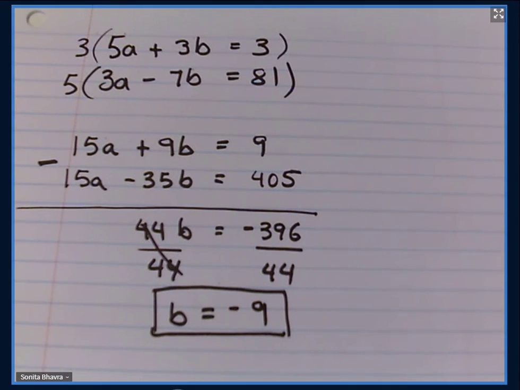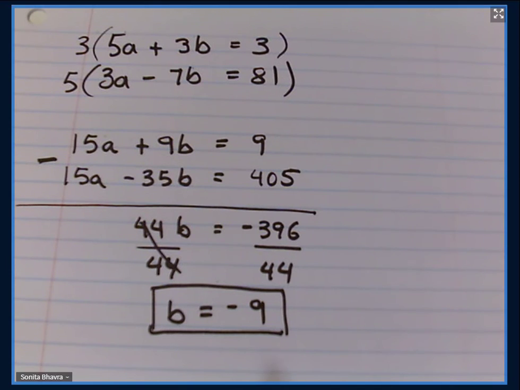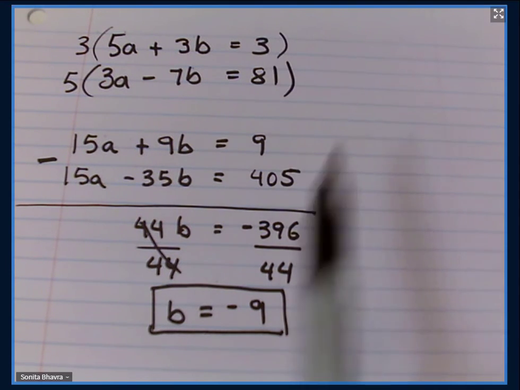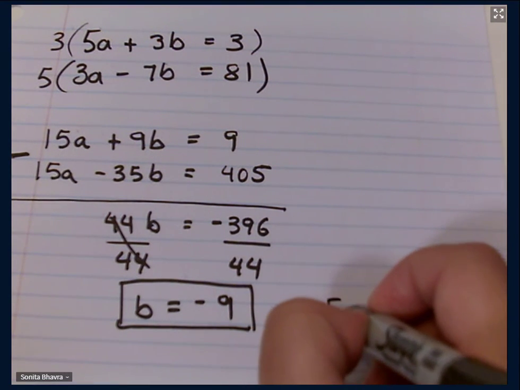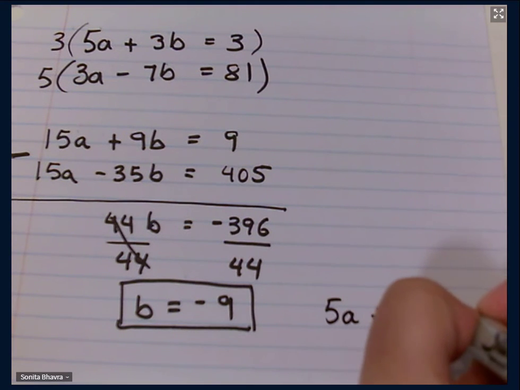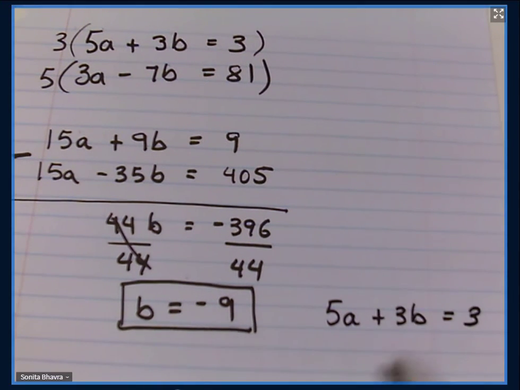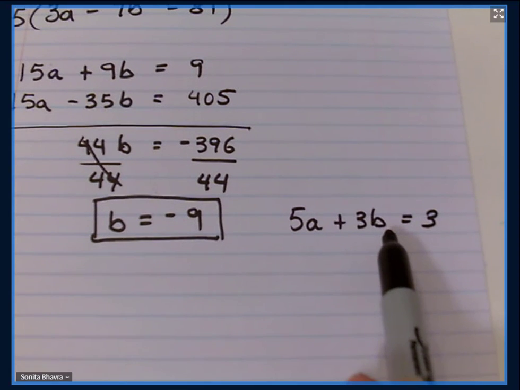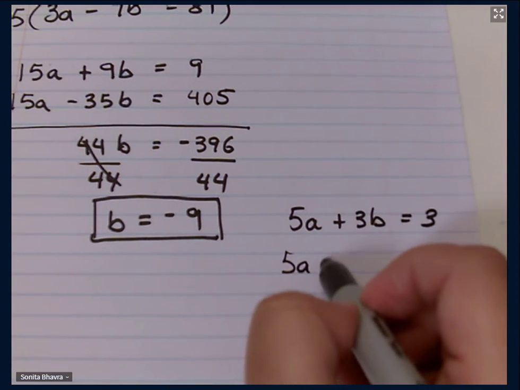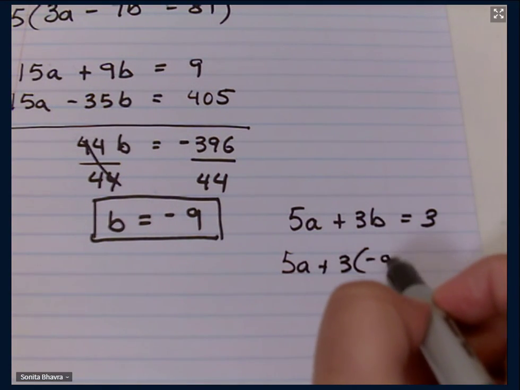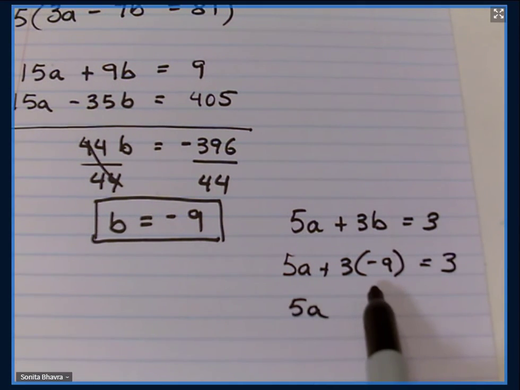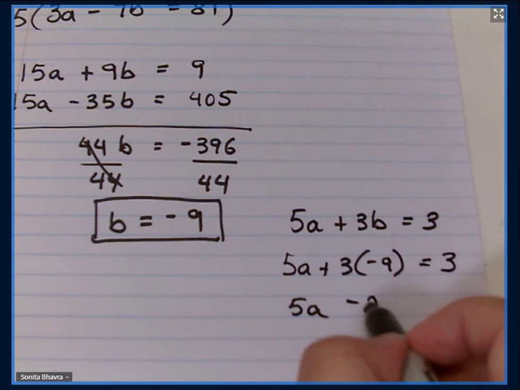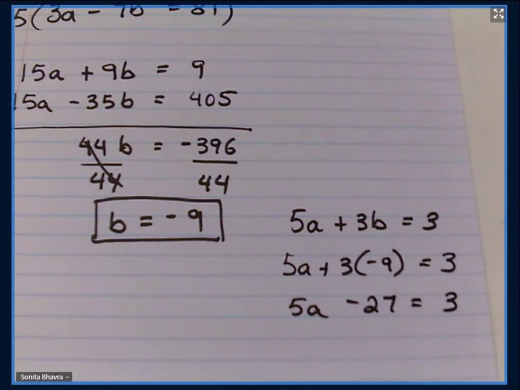Now we just have to substitute negative 9 into any of the original equations. I'm just going to use the first one. B is equal to negative 9, so I will substitute it right here. We get 5a minus 27 is equal to 3.